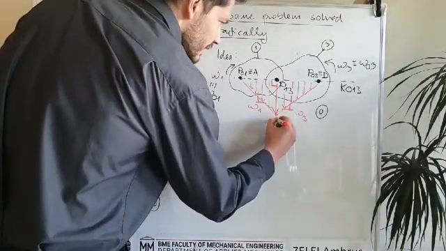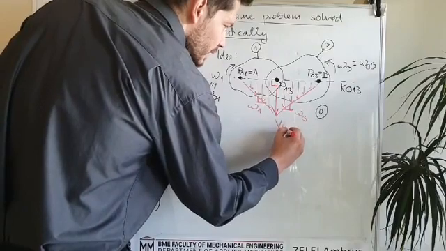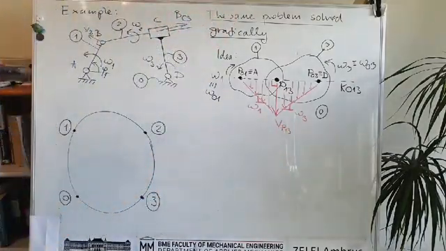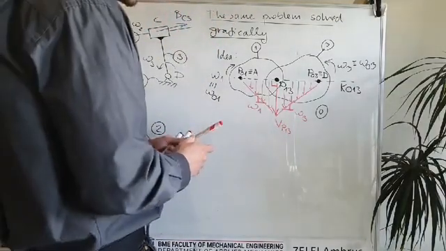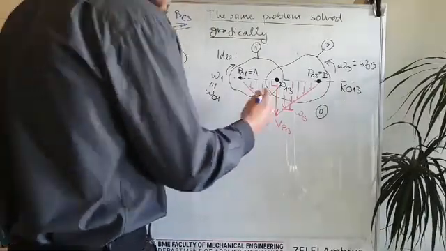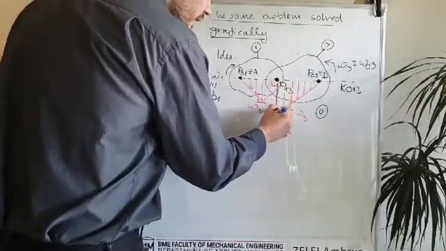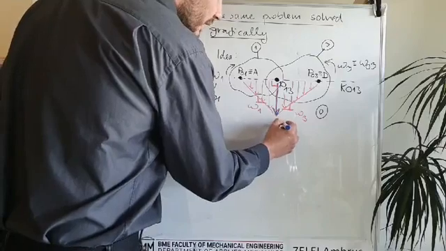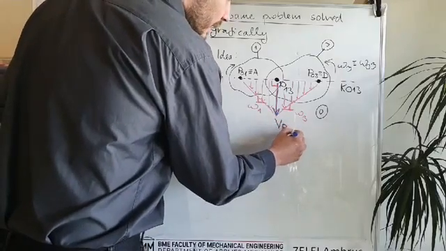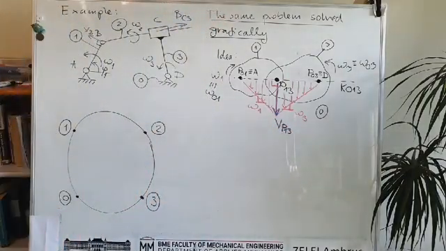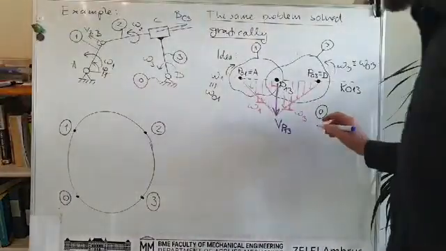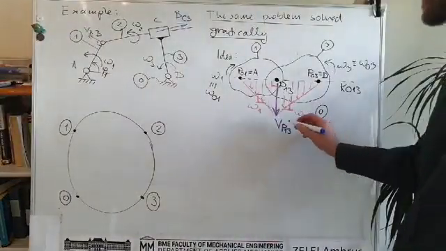So let's say this is the velocity of P13 here in the middle. Actually I could use some other color if I want. So this is the velocity of P13, and basically we can compute it in two ways.